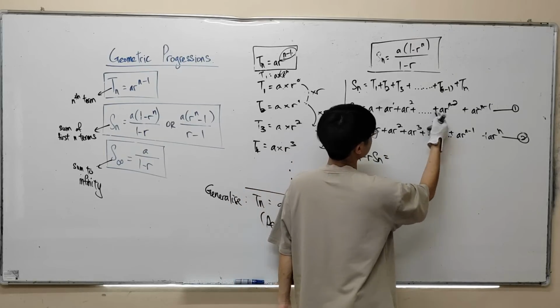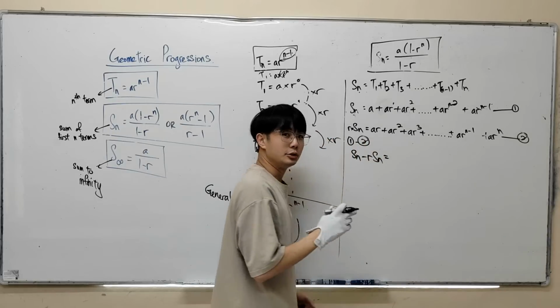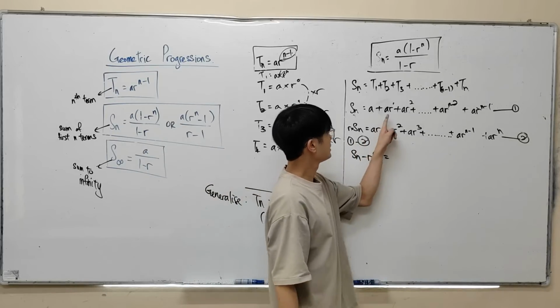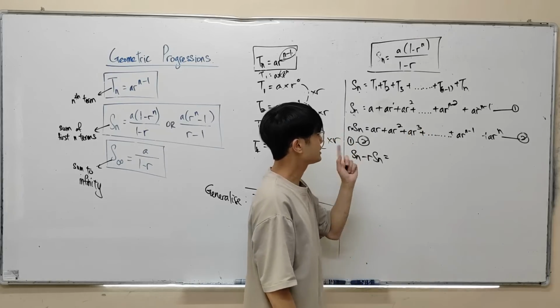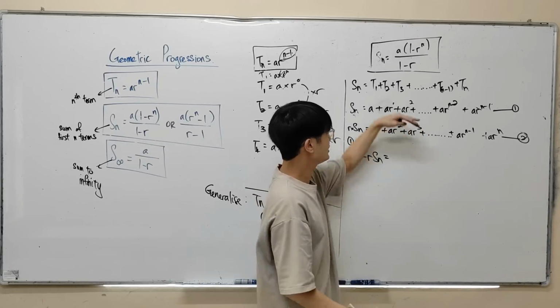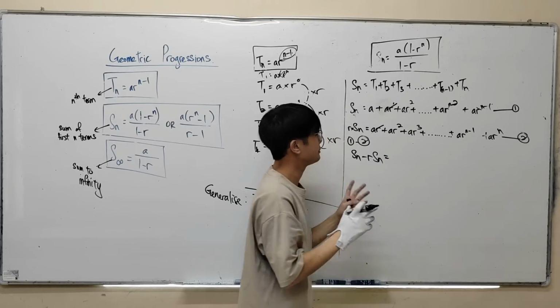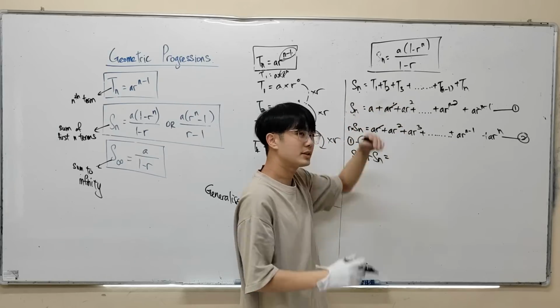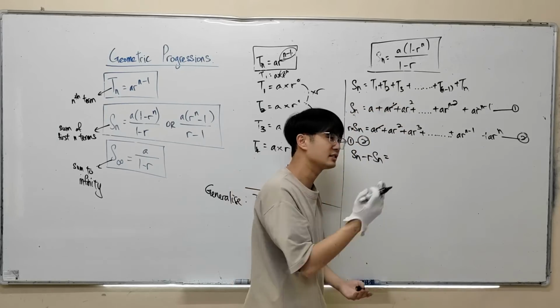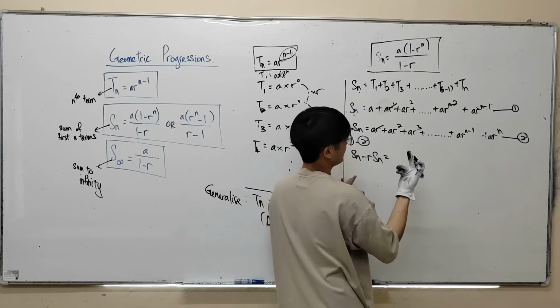But what happens to all these terms? When you take this one minus this, you can cancel them. If you realize there are some terms that look the same, you can actually cancel them, right? Because you are taking this one minus this one. So you can see ar, when you minus with ar, it becomes 0, right? Because the terms that are the same can cancel each other, right? So this one and this one, when you minus, they will disappear, right?